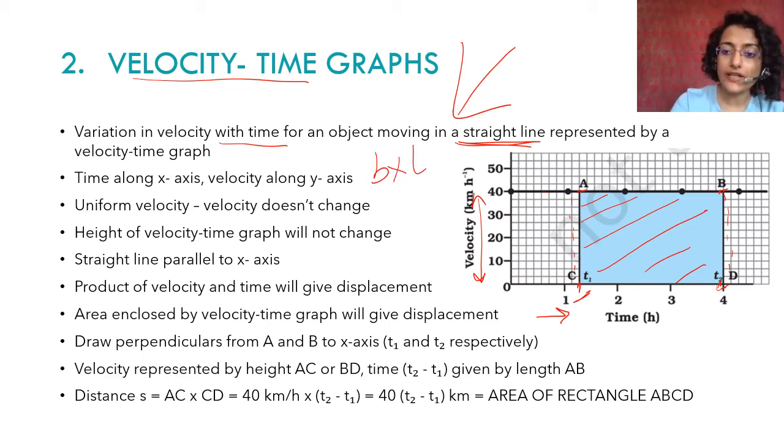So we take AC, which is the velocity, and the time t2 minus t1, and we multiply these, and thus we get the distance. We can estimate this: about 1 point something and this is 4, so you can just multiply it by 40 and you get the area of the rectangle, which is the distance traveled.